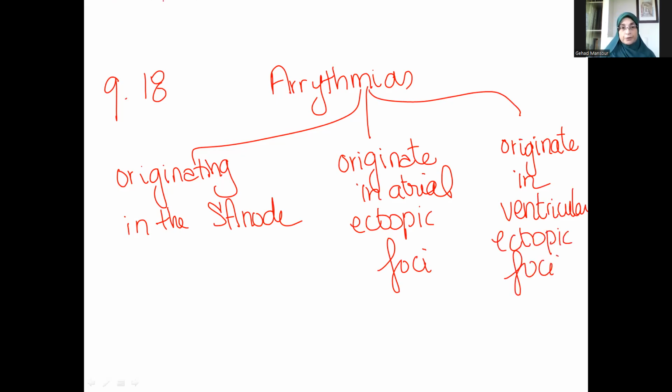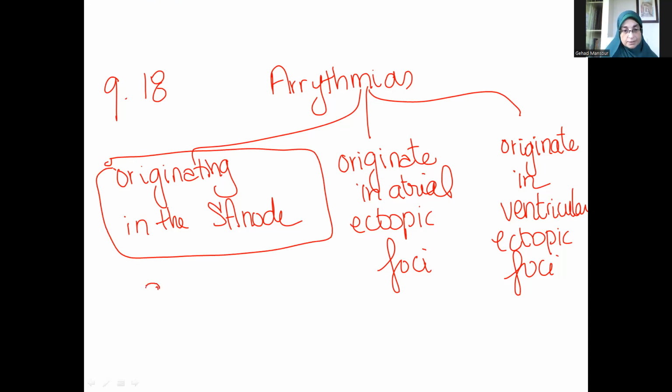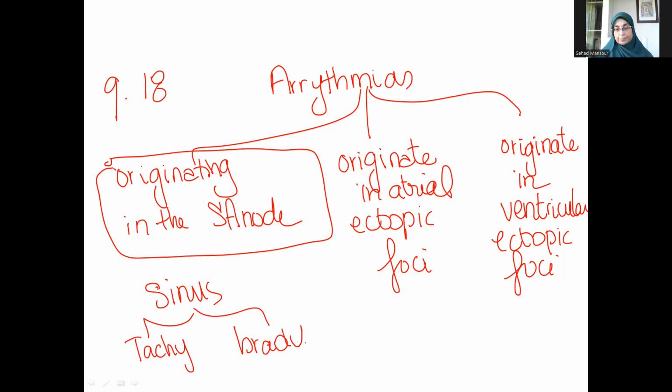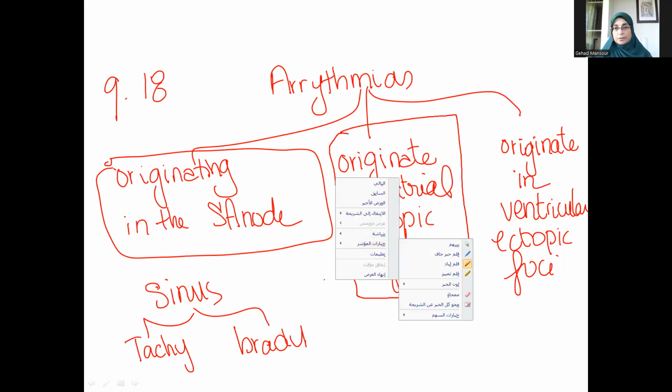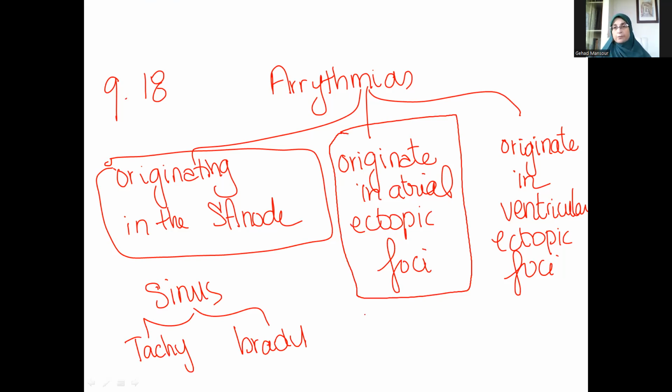The first group of arrhythmias, those that originate in the sinoatrial node, include, of course, sinus tachycardia and sinus bradycardia. The second group originates in atrial ectopic foci, meaning parts of the heart muscle that are not related to the sinoatrial node.